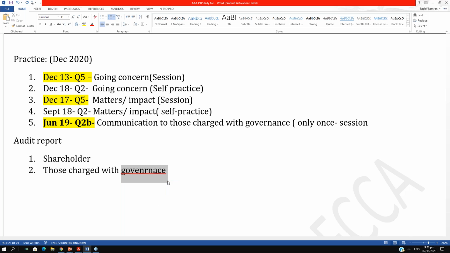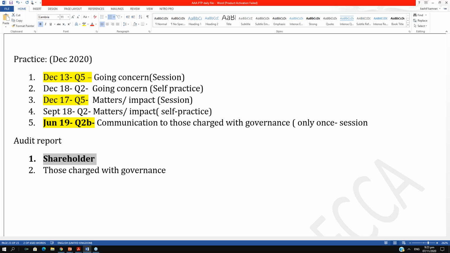As a student, I think you are more familiar with the audit report to shareholder. Am I right? Because the typical question which comes in the AAA paper is the audit report to shareholder. What you study in the AA paper, the F8 paper, or what you study in the P7 paper, the AAA paper, it's all about audit report to shareholder.